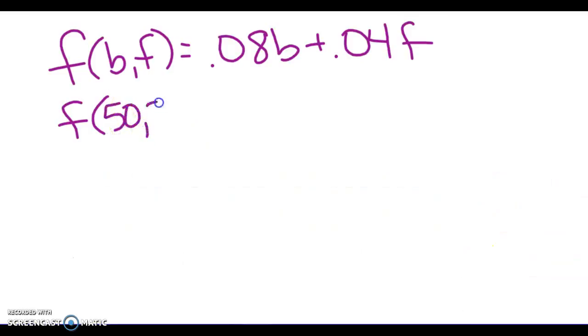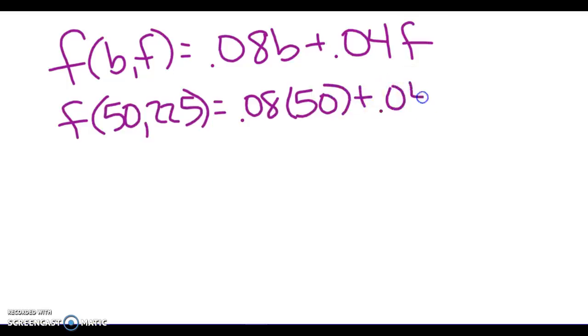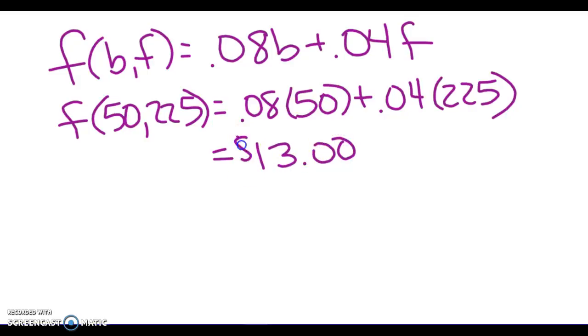You plug all that in, 0.08 times 50 plus 0.04 times 225, and you're going to get a number out, and this is going to be a cost function. Go ahead and calculate that. That comes out to be $13.